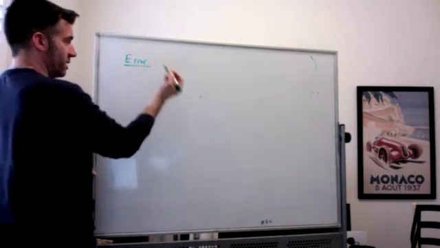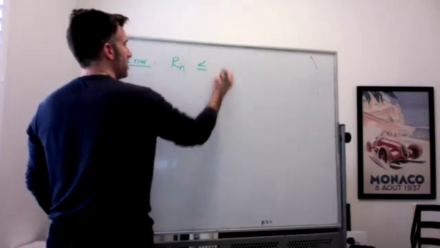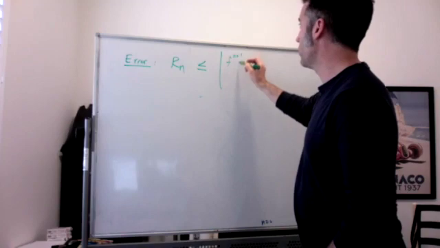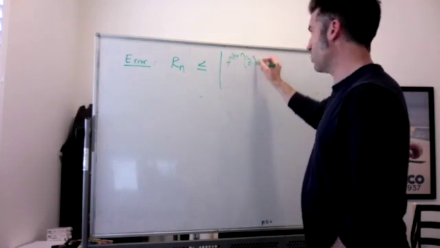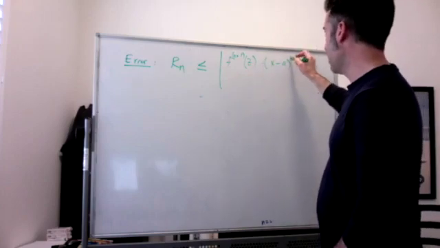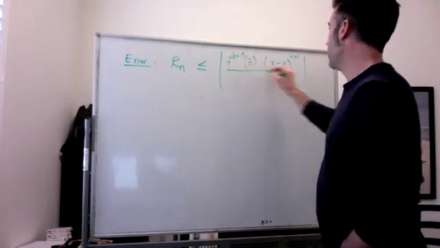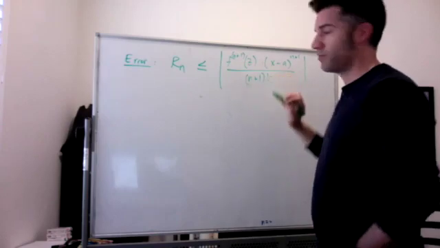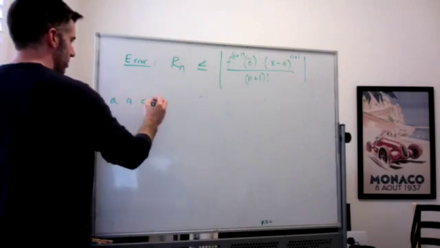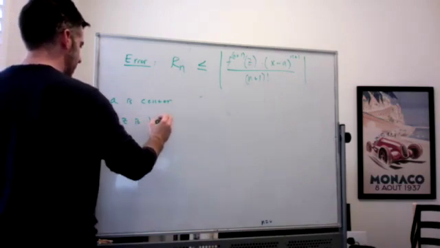The error of the remainder after the first n terms is less than or equal to the absolute value of the n plus 1 derivative at some z, times x minus a to the n plus 1, where a is the center, divided by n plus 1 factorial, where z is between x and a.